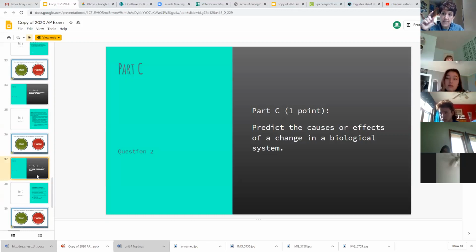And then another part of this second question is if there's a disruption or if there's something different. So let's say that the concept is about making proteins. So you know making proteins is based on your DNA. Your DNA has to get transcribed into RNA, and then it has to get translated into a protein.